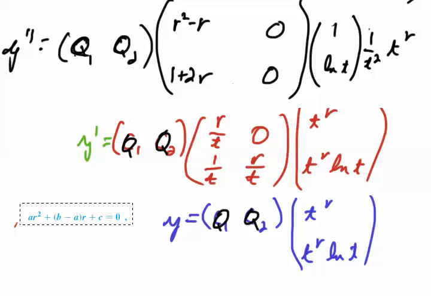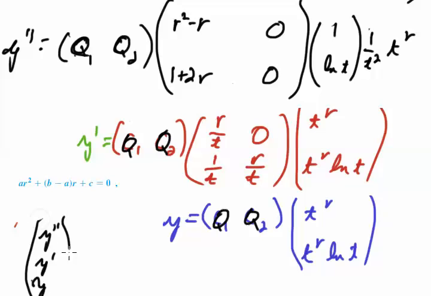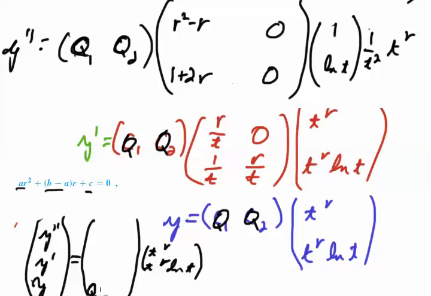a vector of y, y prime, y double prime times these coefficients, where y is just going to be q1, q2 times t to the r natural log t. Y prime is going to be, well, we'll have q1 r over t, because this and this, and then this will be q2 over t.